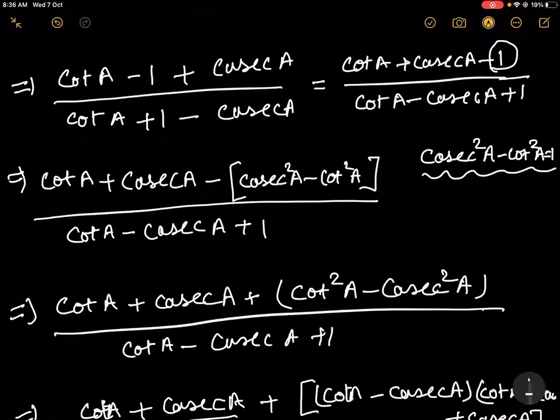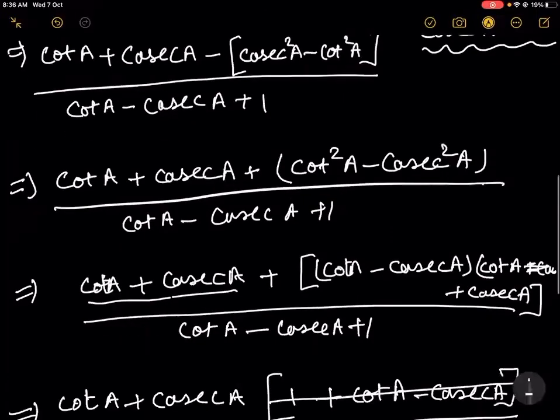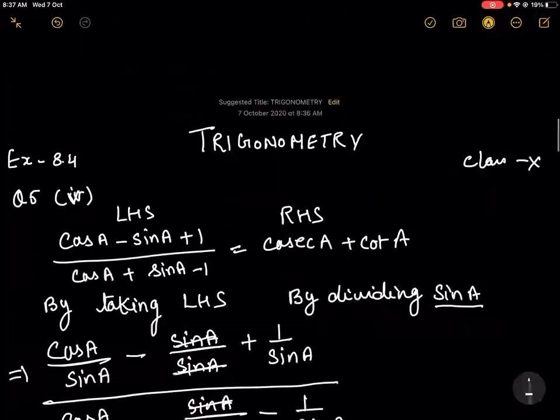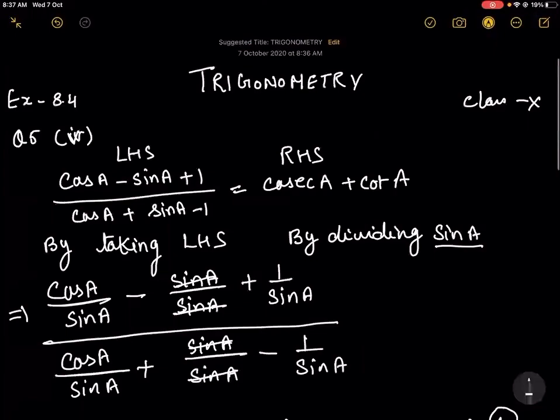By putting the identity, take common using the identity a square minus b square, (a plus b)(a minus b). Any query at all?